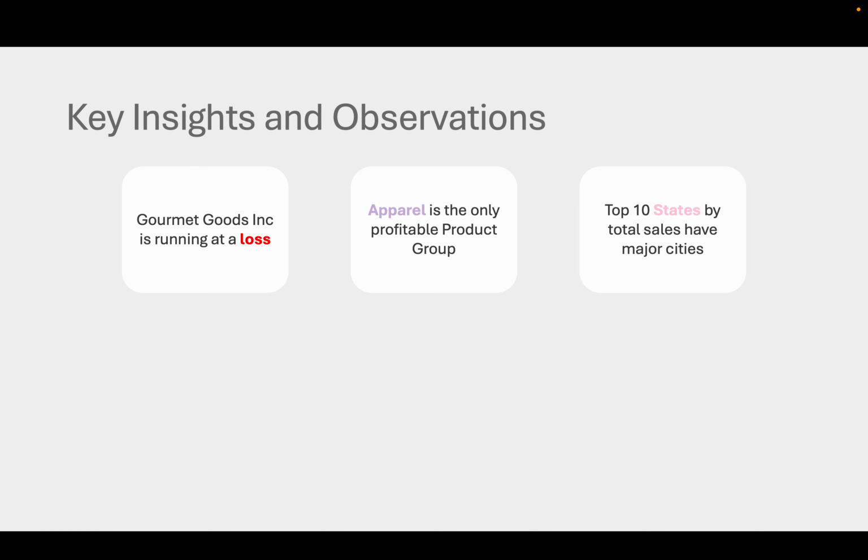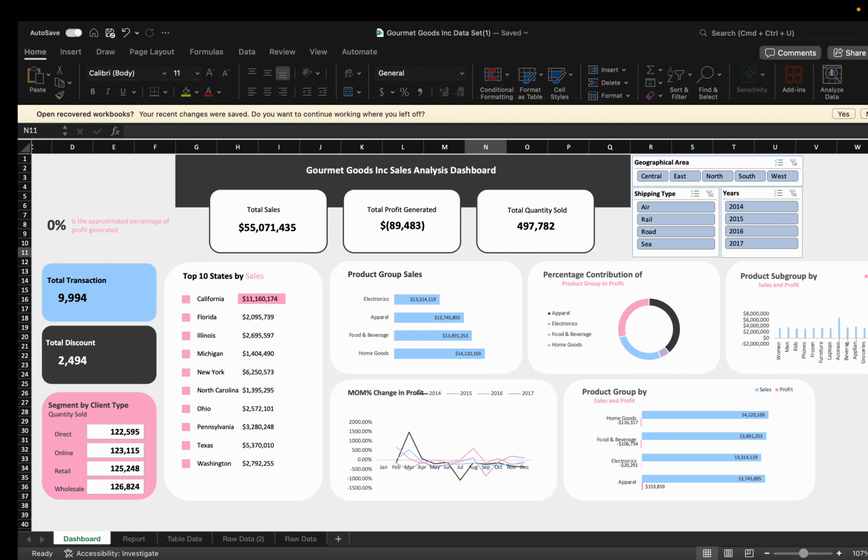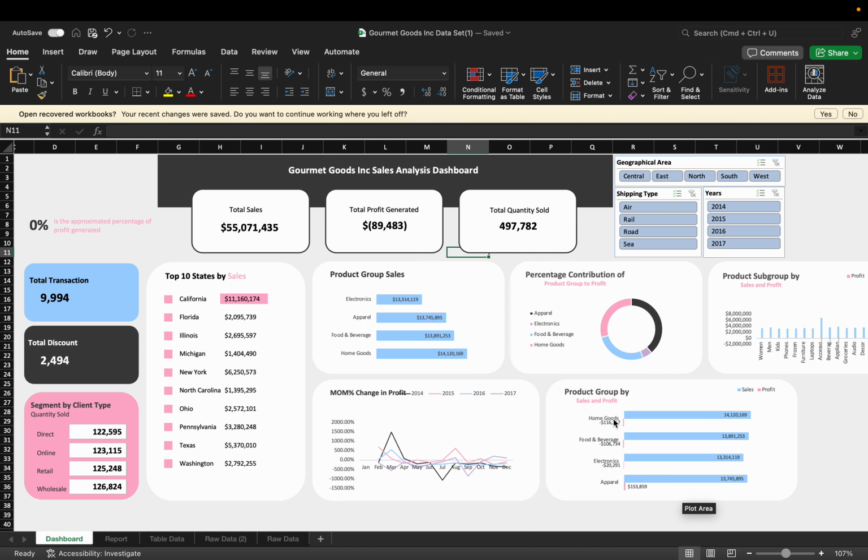Definitely my recommendation or next steps would be to do investigative analysis into the key loss drivers for the business. We already identified the three product groups. One will now have to dive deeper into seeing what is the discount applied, what is our cost of goods sold.